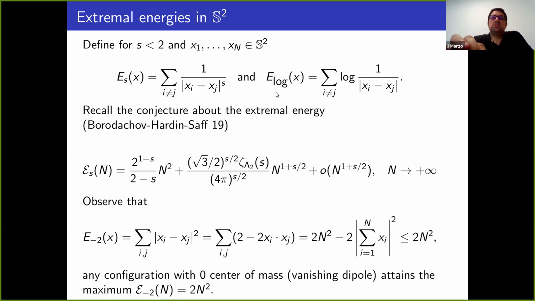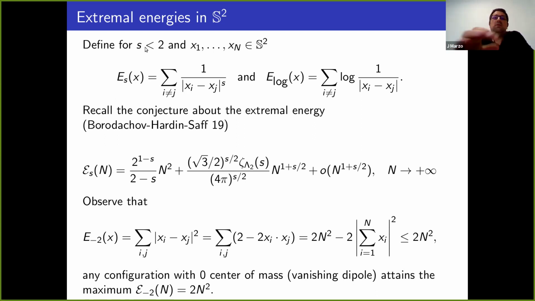And there's also this logarithmic energy, somehow the derivative at 0 of this, if you want. So you have these Riesz energies, and now if s is positive, then it makes sense to try to minimize this object here, and the configurations where you attain this minimum will have some minimal energy, which I will denote by calligraphic E.